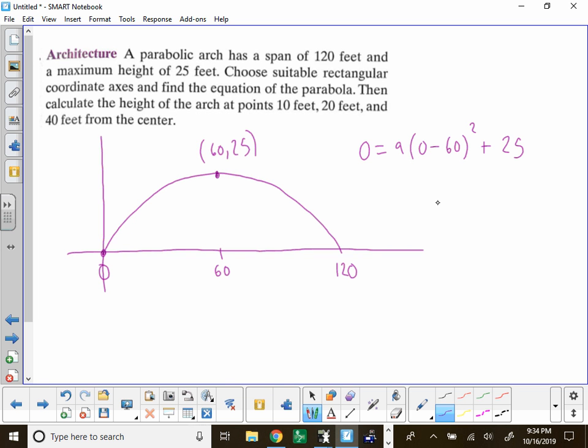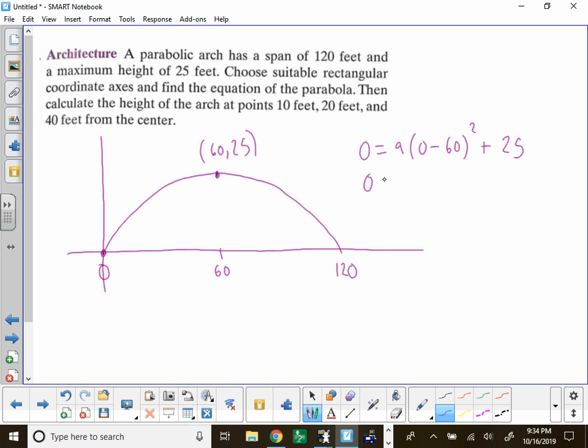So I'm using the vertex form. And this would be the point 0, 0 here, right? So x and y are 0. So now 60 times 60 is 3600.